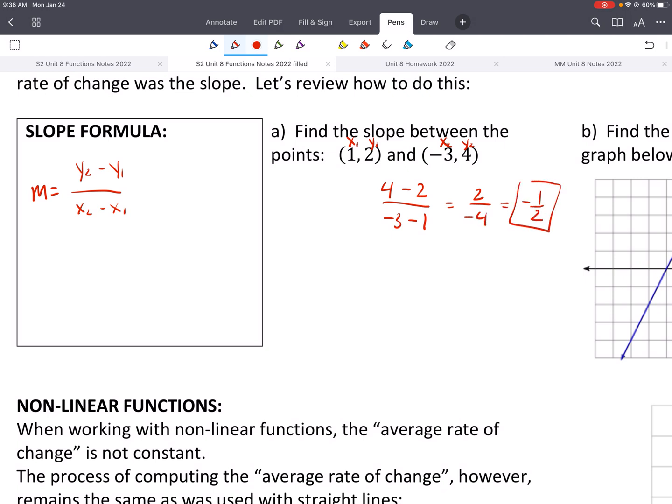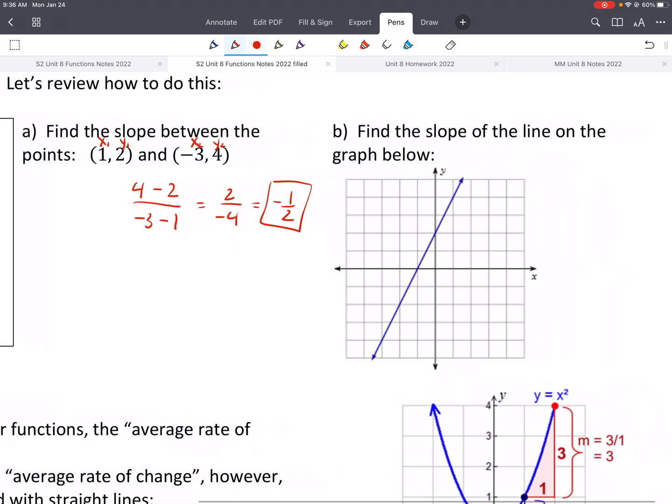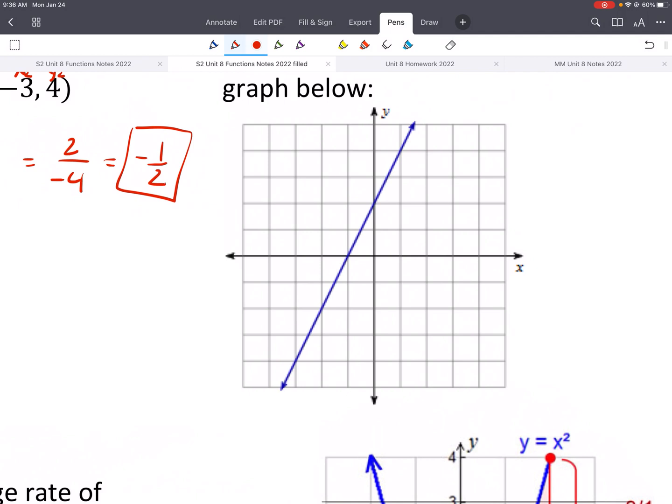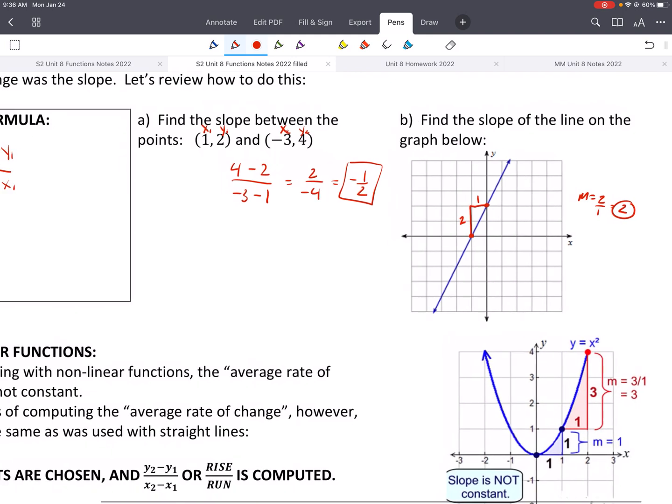So this would be the slope between those 2 points. You can also find the slope by looking at a graph. You just find 2 good points, and you just want to say what's our rise over our run. 2 over 1. So here m would be 2 over 1 or just 2. So that is finding the slope from 2 points.